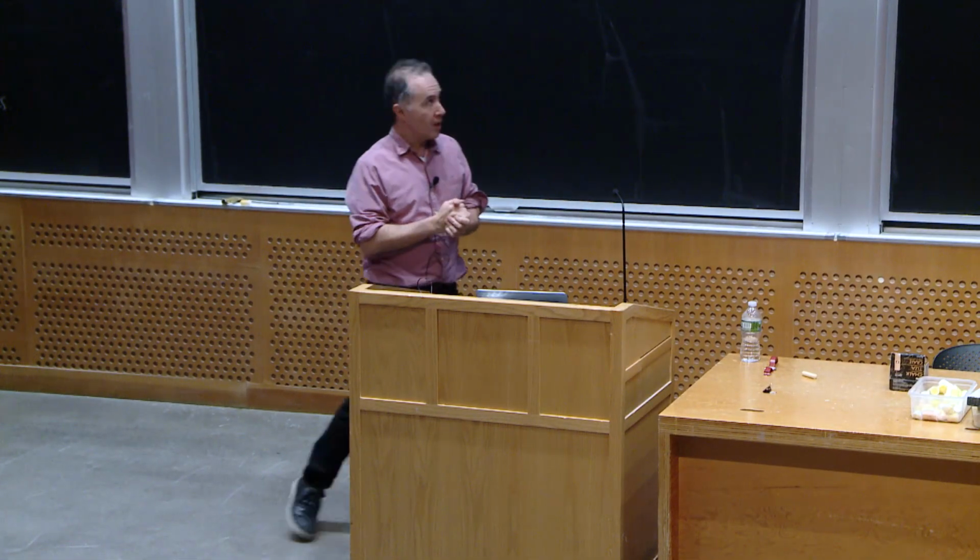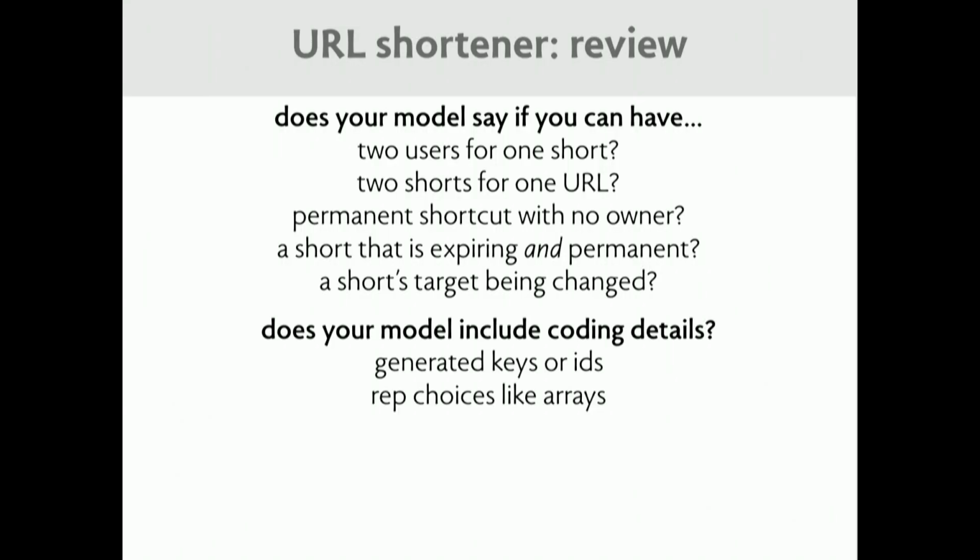The other question I have for you: did your model include coding details? Did any of you, for example, use an array or something that was really a coding decision and nothing to do with thinking about the data? Or did any of you have a database table with an ID in it? Anyone want to confess to doing anything like that? Yeah, a couple of you.